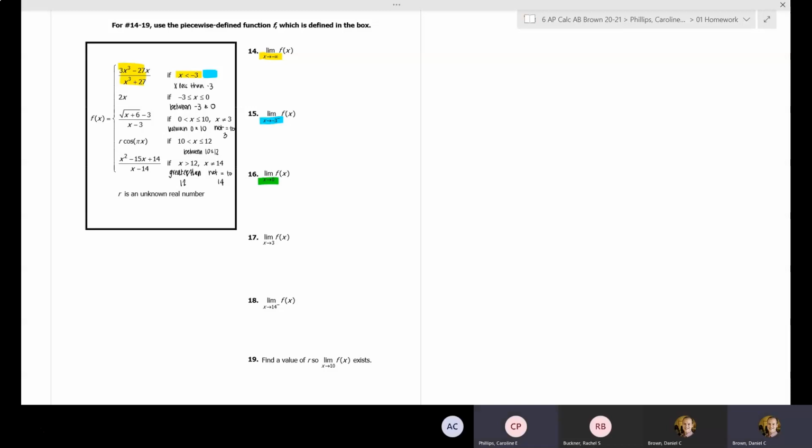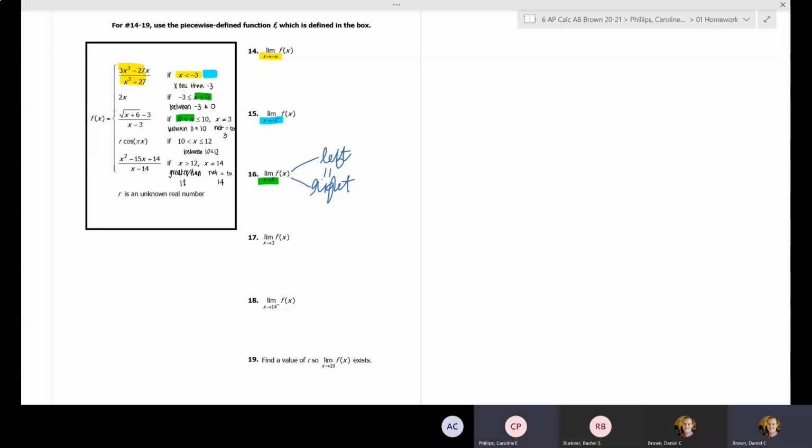You'd use the second one and the first one and the third one. Because for a limit to exist, the left-hand side has to equal the right-hand side. Since that is a boundary point, you need to check both of them. If they're equal, then that's your answer. If they're not equal, then you have D and E.